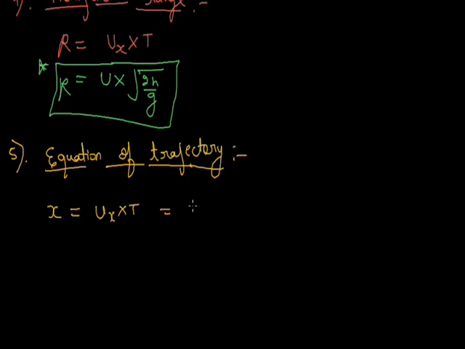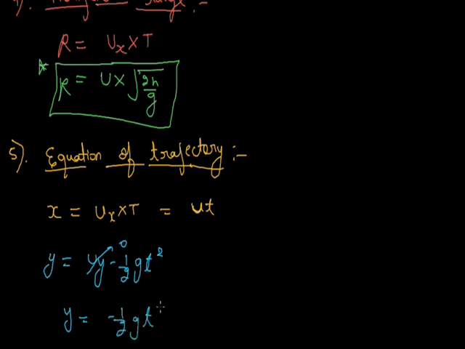Ux is equal to u, into t at any time t. Now vertical displacement is y equal to uy t minus half g t square, and we know uy is equal to 0, then y is equal to minus half g t square.